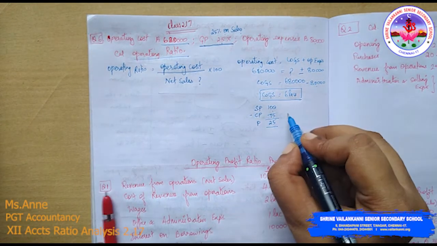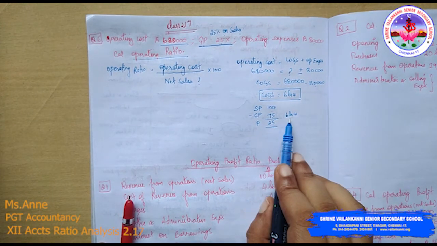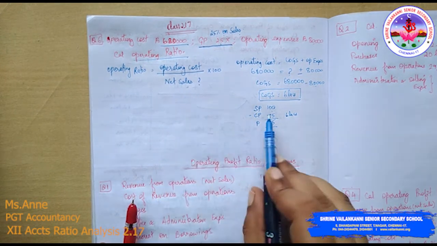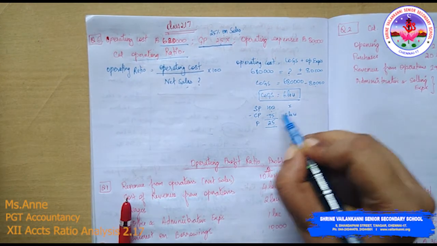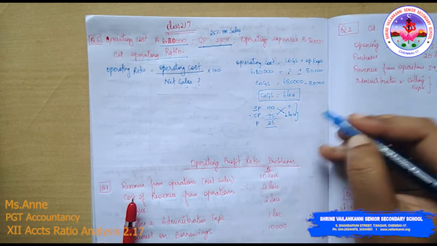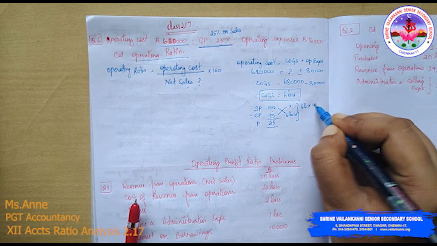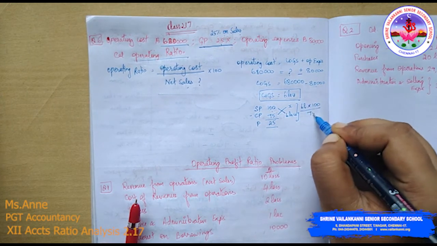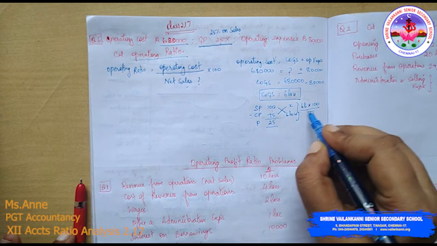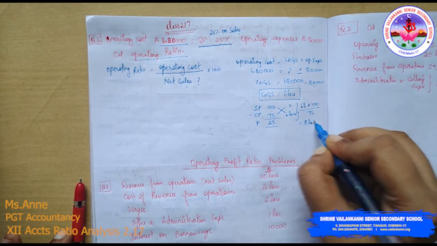So cost price is what? 6 lakhs. Now cost price is 6 lakhs. We need to find what is the net sales. So what is 100? This is what we need to find. So we need to cross multiply. If we cross multiply, 6 lakhs into 100 divided by 75, how much do we get?